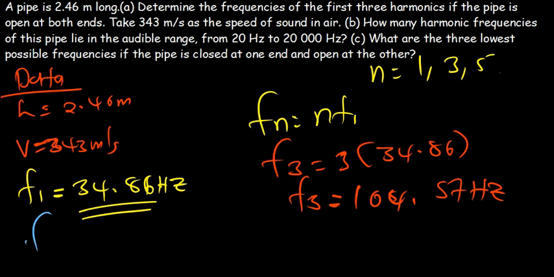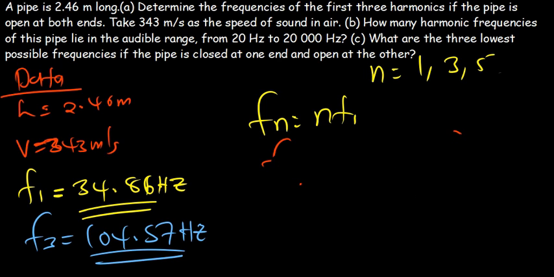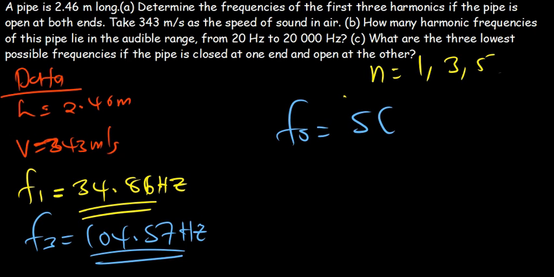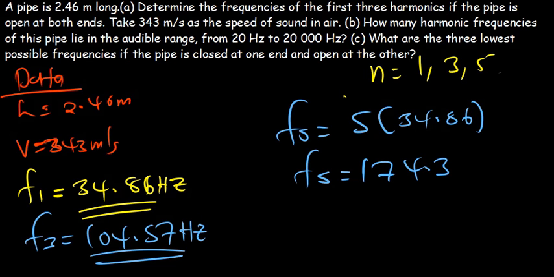So that will be the third harmonic. Then to find the next one, the fifth harmonic, it's going to be 5 times the first one, which is 34.86. So it will be 5 times 34.86. That is 174.3 hertz. That is the fifth harmonic. Now that is it for this question.